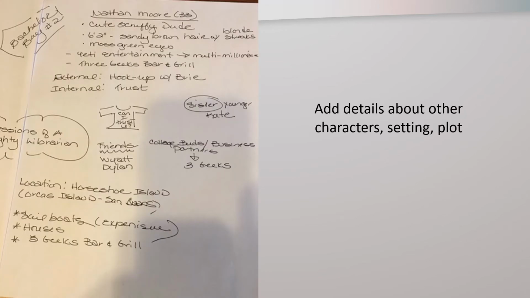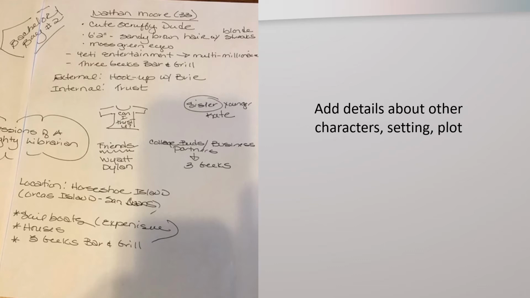You do the same thing for your other character, in this case my hero, Nathan. Write down very quickly the things that you know. I knew his age, I knew what he looked like, and I knew that he had a nickname, cute, scruffy dude. This is, again, building from your imagination.